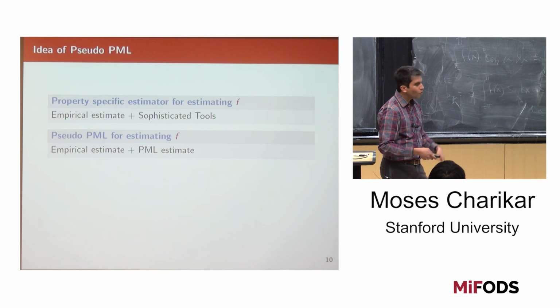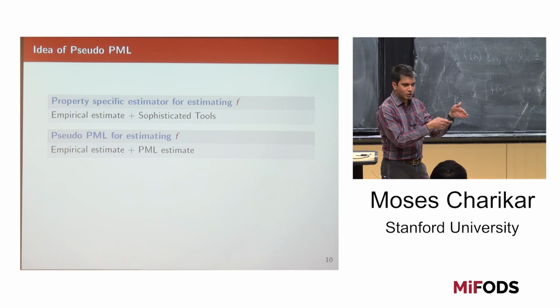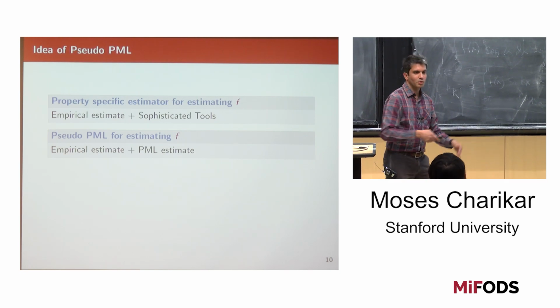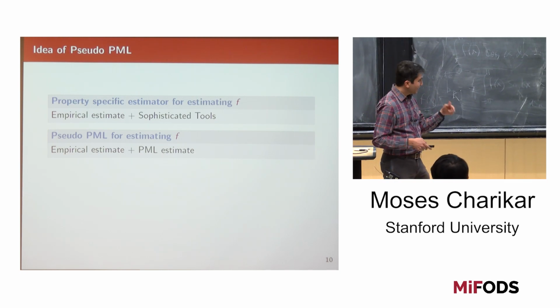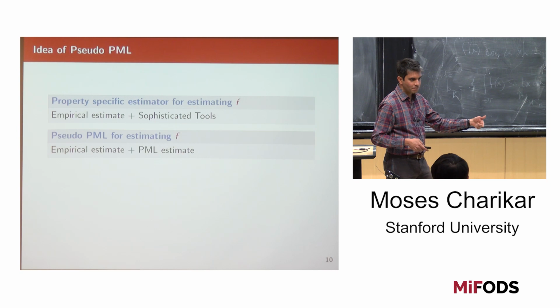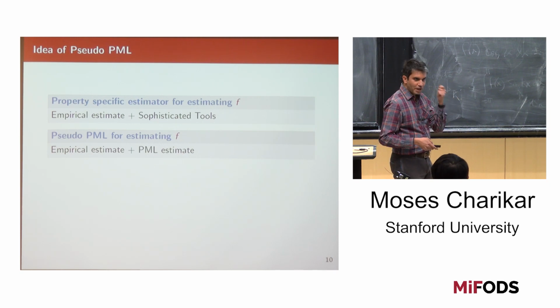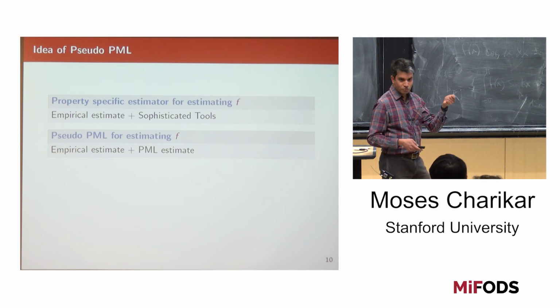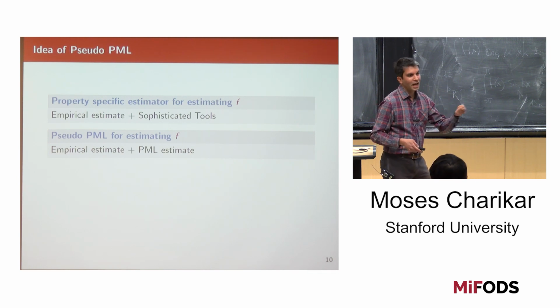Now, where exactly you cut off, which ones you apply the empirical estimate to, and which ones you apply the PML to, is a property-dependent thing. Based on the property, you decide which frequencies you believe the empirical estimate for, and which ones you need to apply PML for.